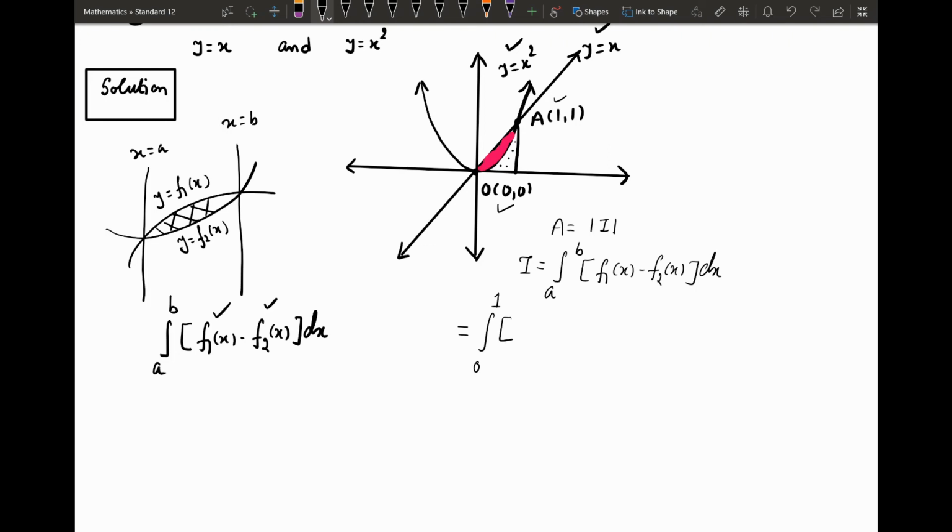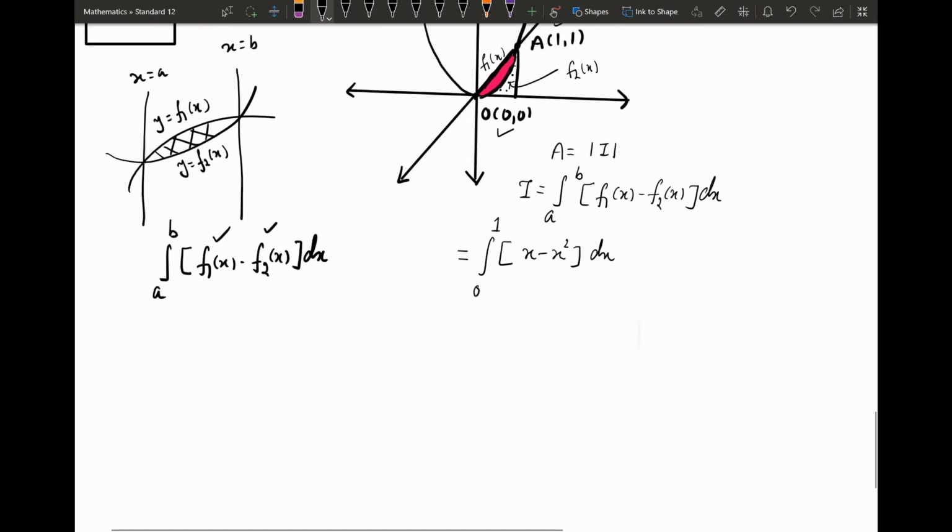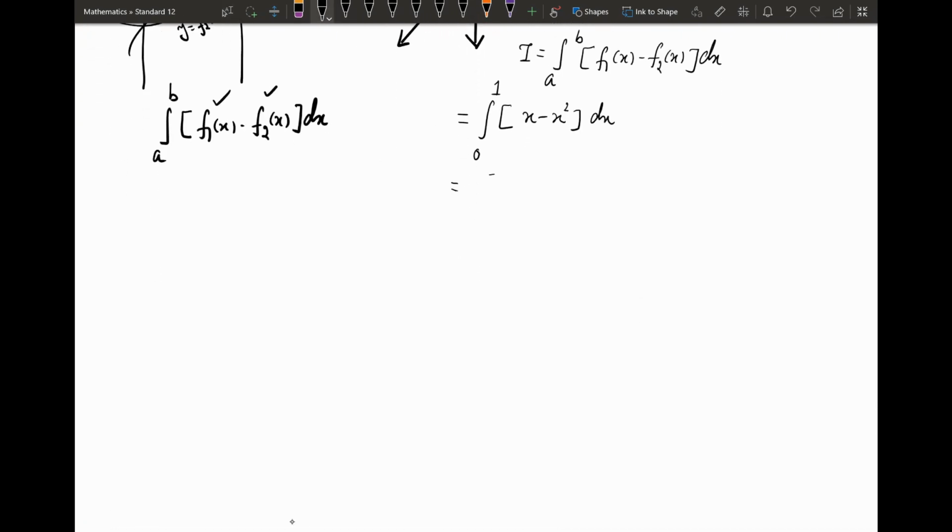Y as a function of x: from the straight line, y equal to x is f1(x), and the second curve is from the parabola, so f2(x) is x square. So this is f1(x) and this is f2(x), y equal to x square, the parabola. So now we can integrate this easily.